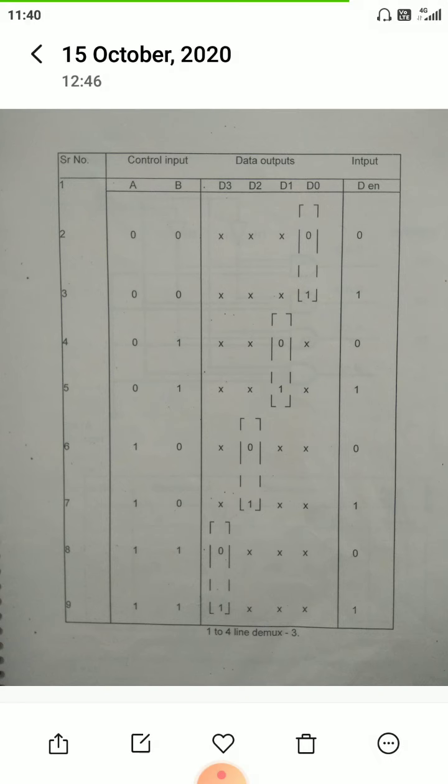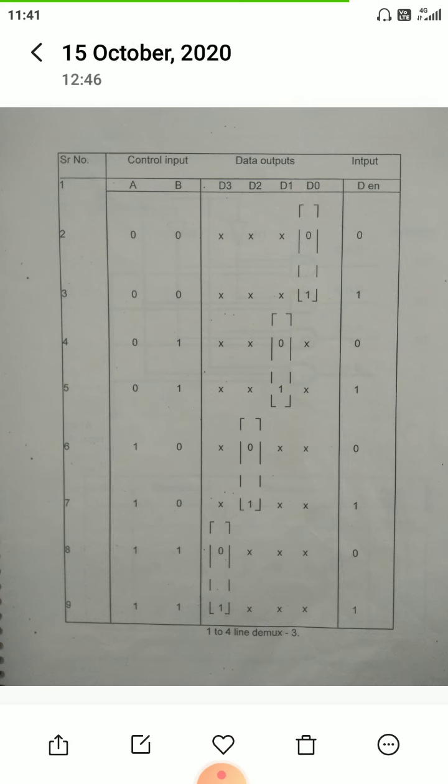So clearly we can have four expressions from this truth table. Four outputs are there, so we have four output expressions. What will be the first expression?